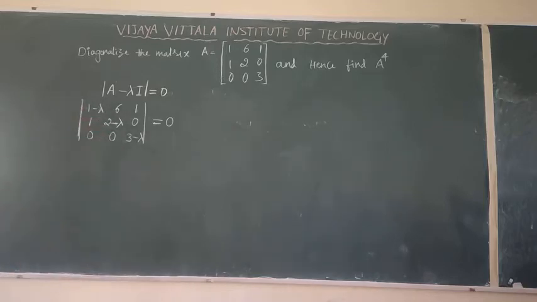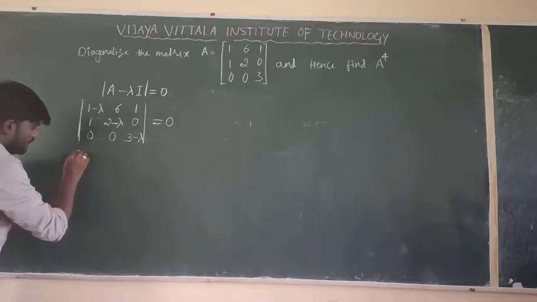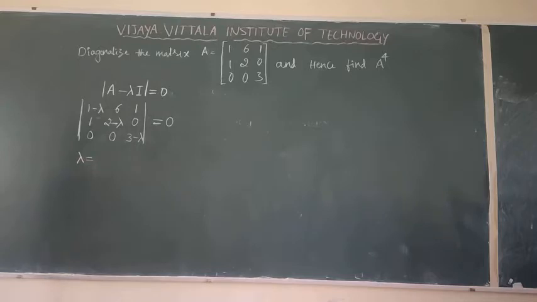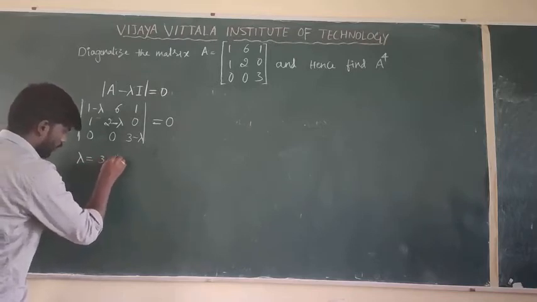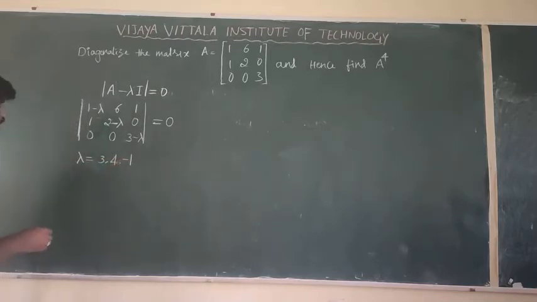After simplifying this determinant, we get the eigenvalues lambda equals 3, 4 and minus 1. These are the eigenvalues for this matrix.